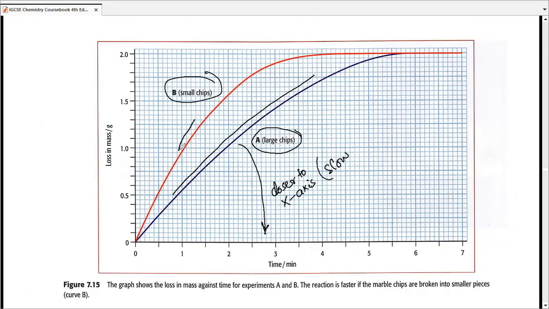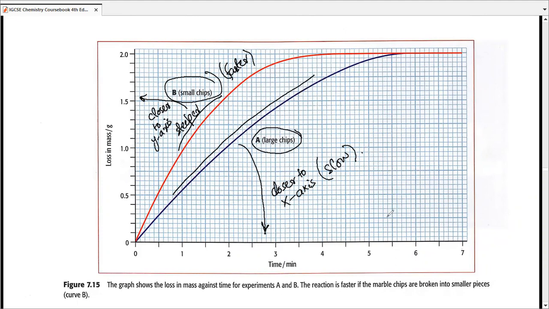And if this slope is getting steeper, or in other words, it's closer to the y-axis, we are going to take it as faster. Do you get the point? That's how we read this graph.